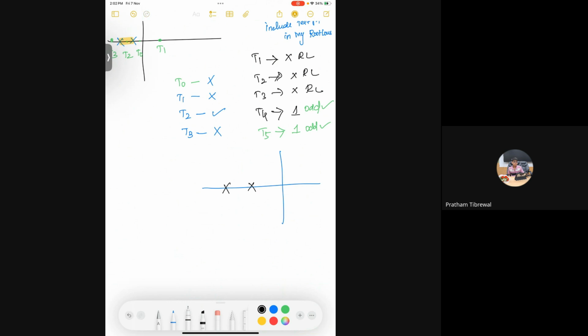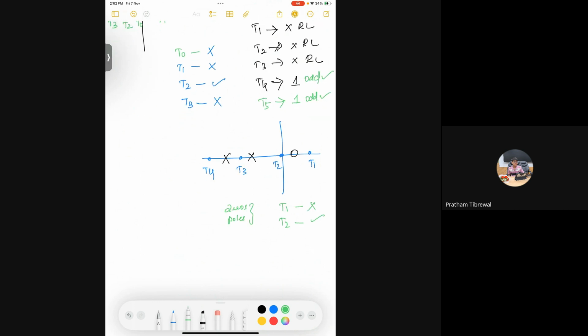So I'm taking this now. We'll check T1, T2, T3, T4. Can you answer? T1 won't come in the root locus. T2, yes, because you have to see both zeros and poles combined, so it will come. This is a catch.